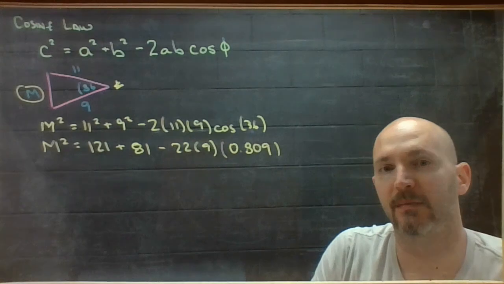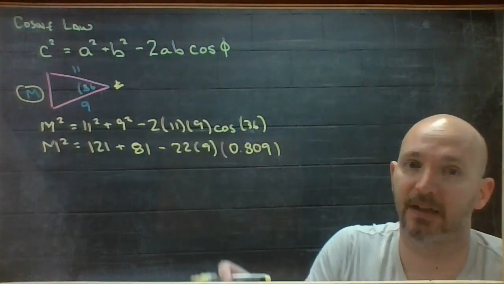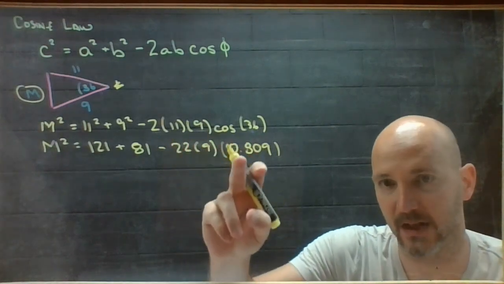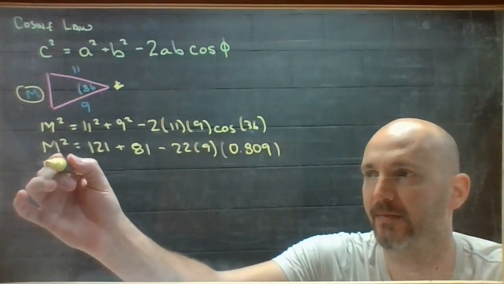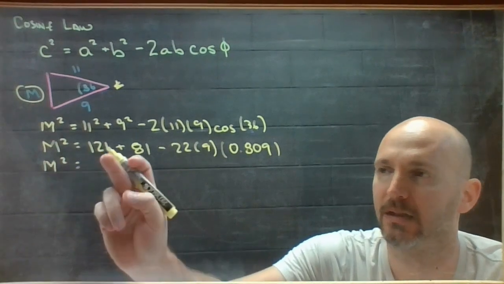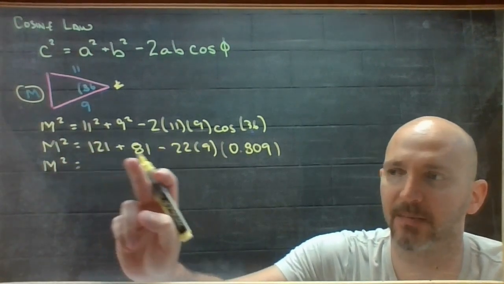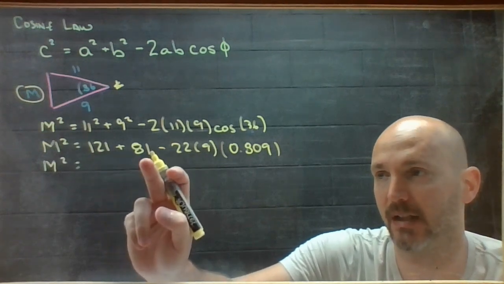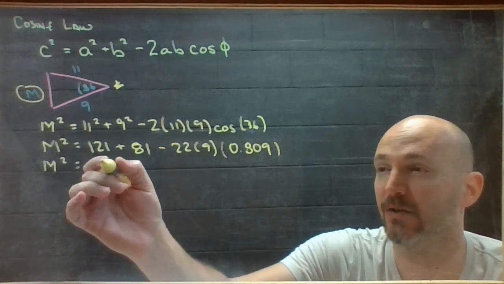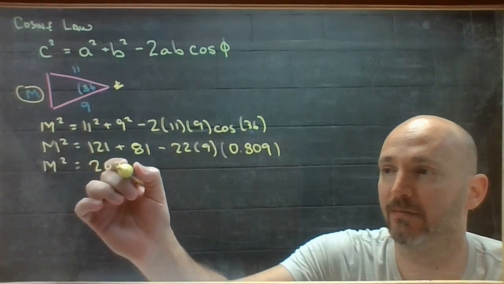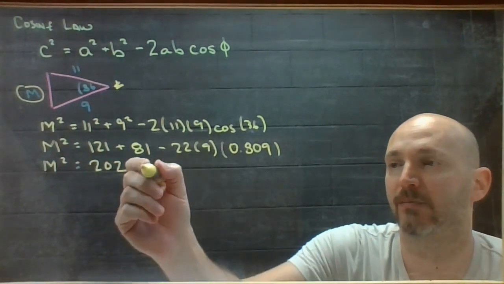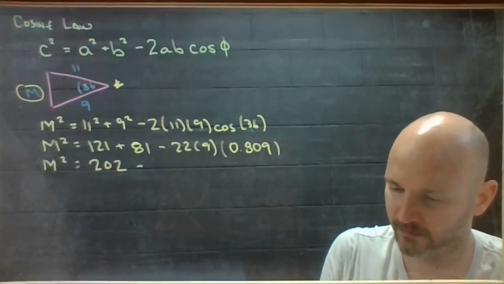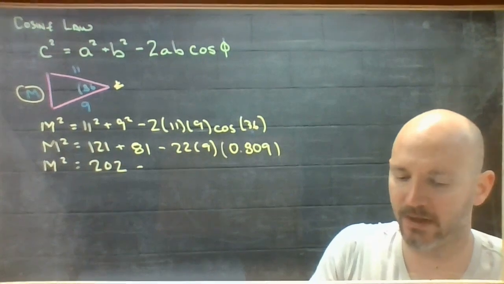Okay. So that's not everything I could have done in one line. I just sort of went through and did some steps. You could see how this is going. There's no multiplication happening with these numbers anymore, so I'm free to add them. 121 and 81 would be 202. I've got a 22 times 9 that I could do, which is 198.